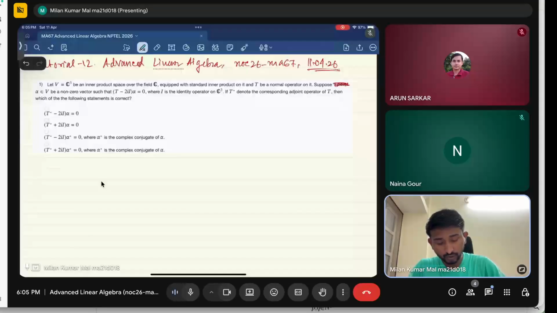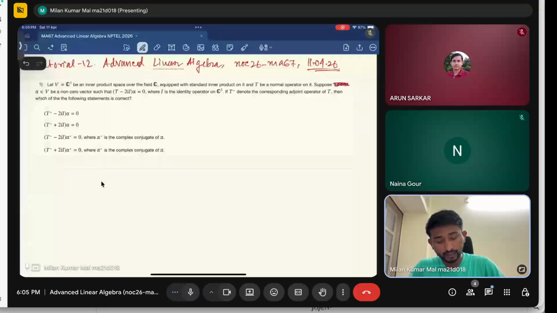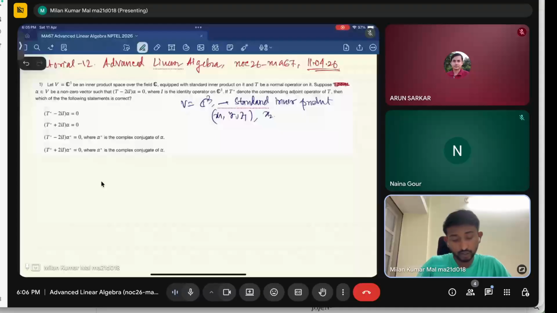For any two elements (x1, y1, z1) and (x2, y2, z2), the inner product of (x1, y1, z1) with (x2, y2, z2) equals x1 x2 bar plus y1 y2 bar plus z1 z2 bar. This is the standard inner product.